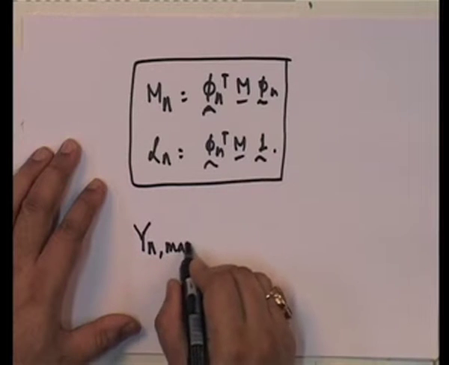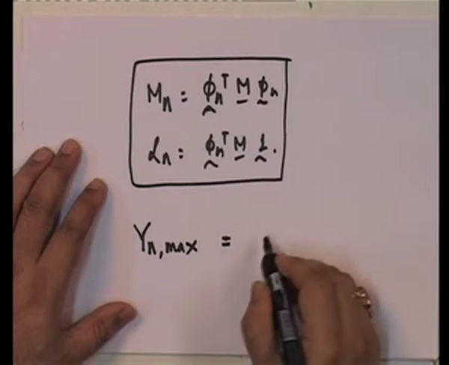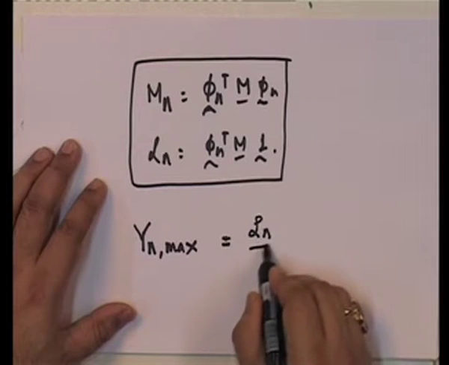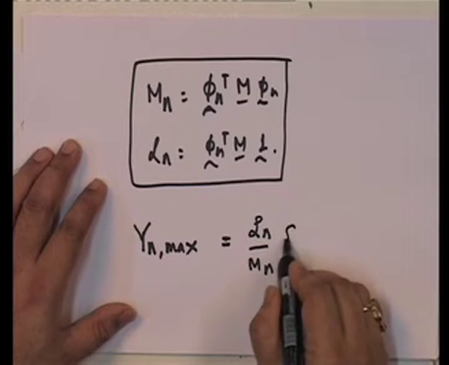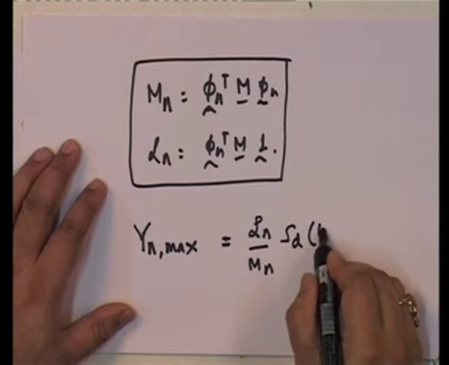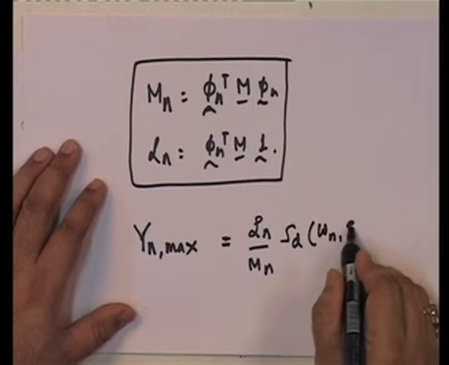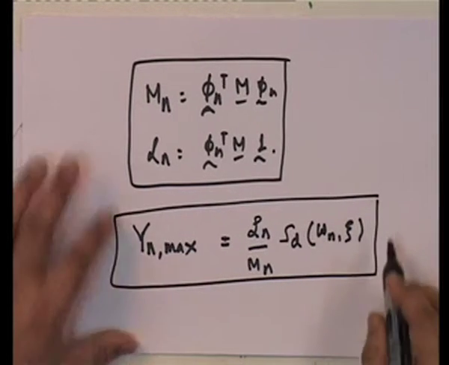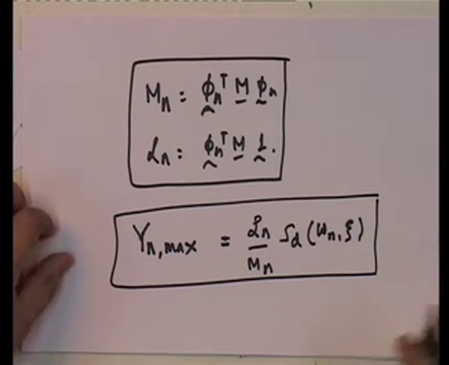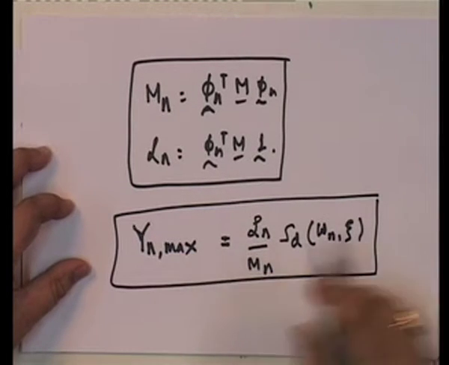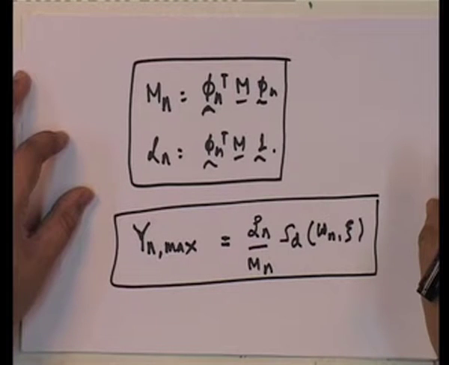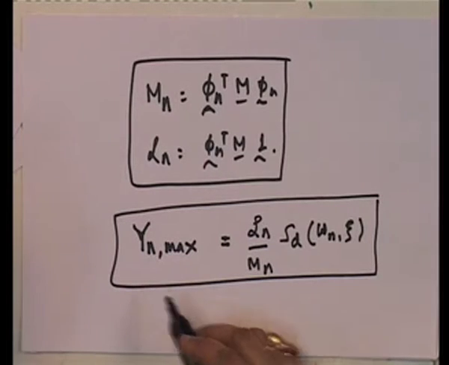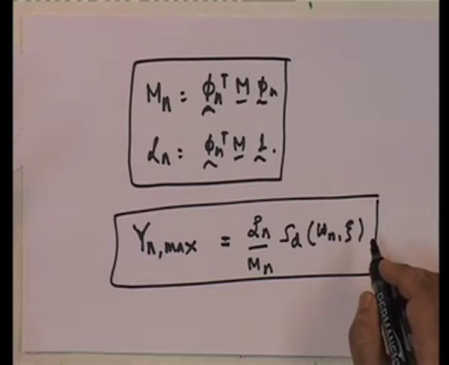And all that we get is, if I want to look at y n max, what is my y n max? If you look at it, y n max is nothing but Ln upon Mn into Sd, which is a function of omega n and xi. In terms of the displacement spectrum, y n is Ln upon Mn into Sd, because in the previous case we had said that V max was equal to Sd.